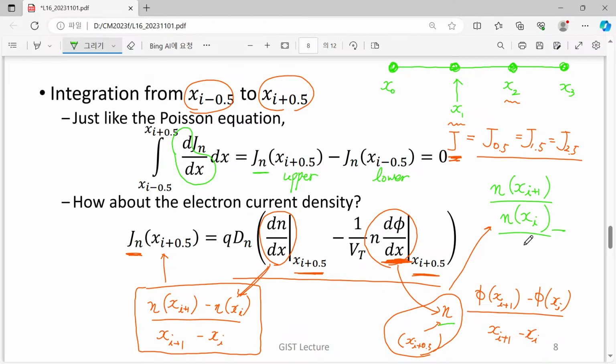We know it because this is included in our solution variable. But if I am asked to answer that question, it is very confusing, because half point electron density, what is it? Please give me that information. That's the main cause of the problem.